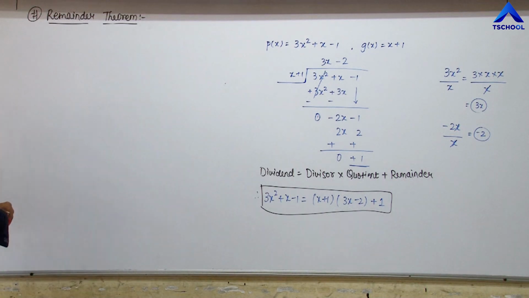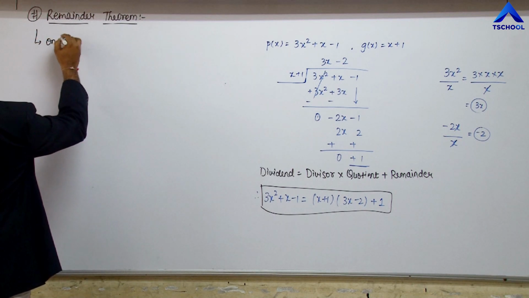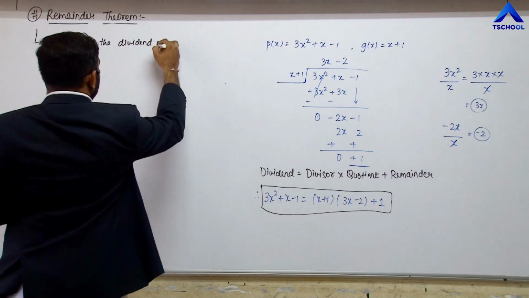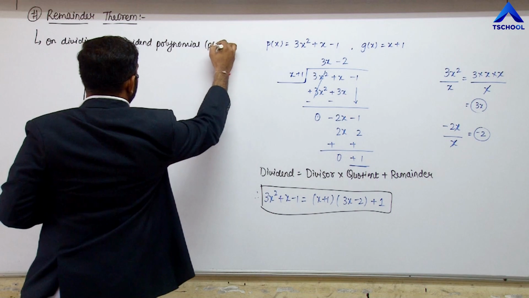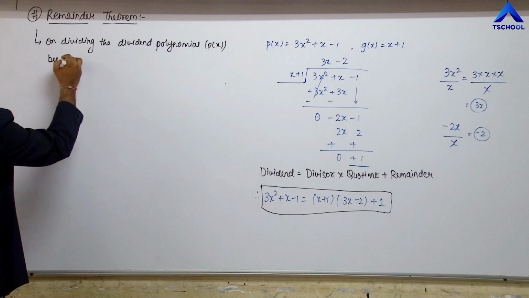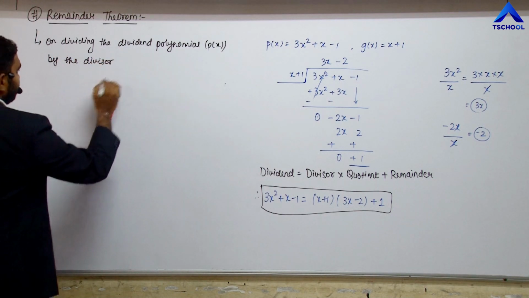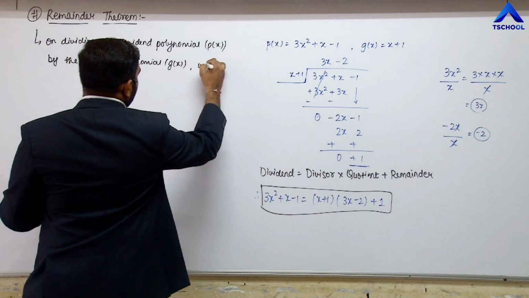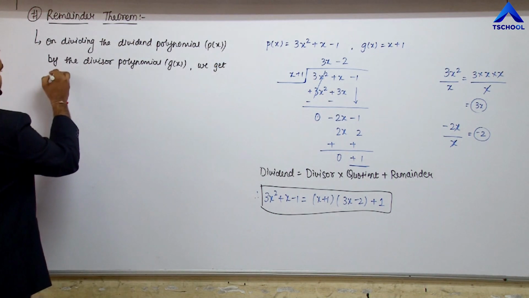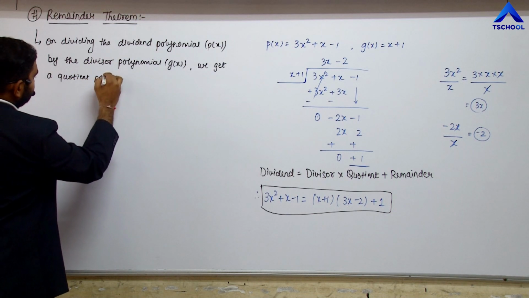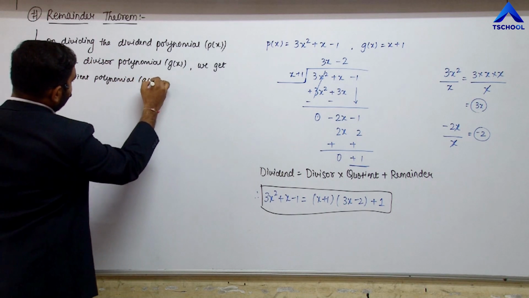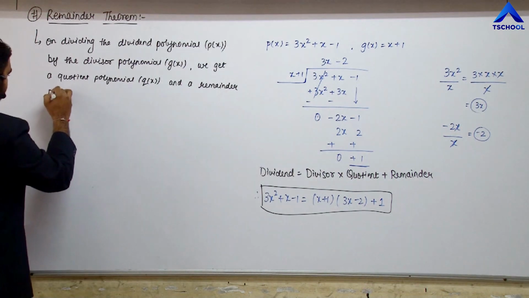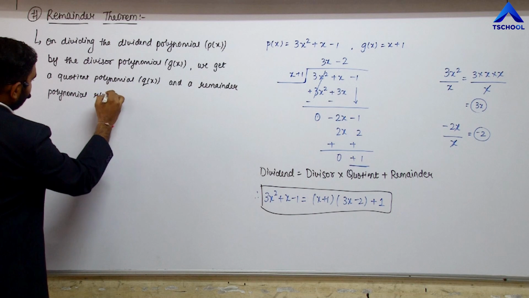So on dividing the dividend polynomial, that is always written as p of x, by the divisor polynomial, that is mostly written as g of x, we get a quotient polynomial, that is q of x, and a remainder polynomial, r of x.